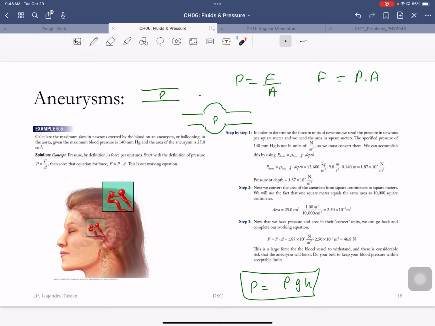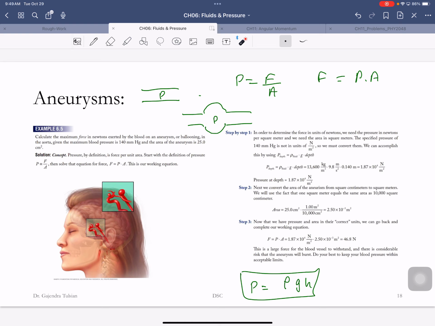Now, we'll talk about this later in the chapter. There's another problem. When you have a bulge, you get turbulence in there. Turbulence decreases flow rate, and the reaction of your body is to increase the pressure, to increase flow rate back.